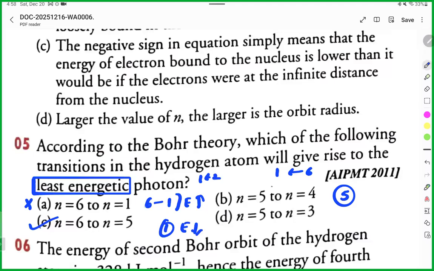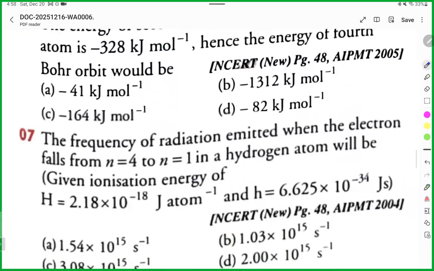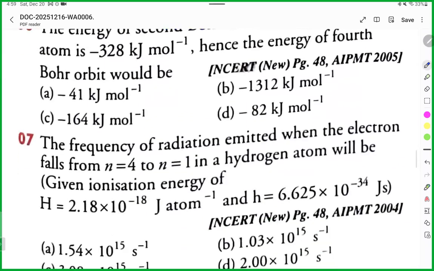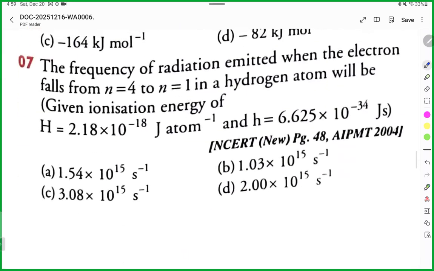Now you have to eliminate, out of B and C, which one is the right answer. Whichever value is high, energy will be minimum. Understood? That's what I say, if you calculate, it will take a lot of time.